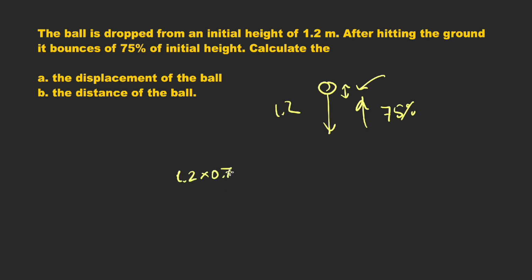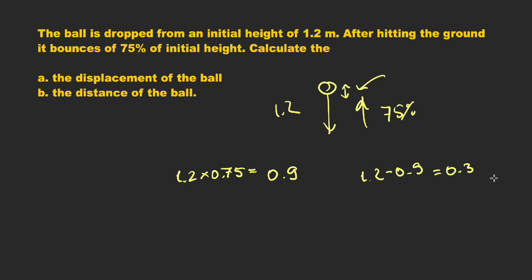Let's calculate it. So we have 1.2 multiplied by 0.75, which gives us 0.9, but that is not the displacement.